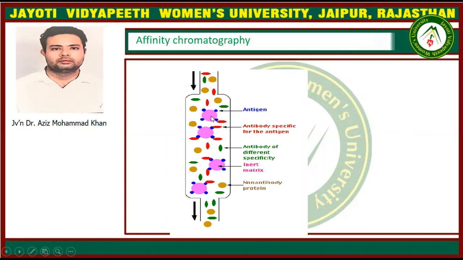For example, this is the particle and this is the antigen. For the separation, an antibody specific for this antigen will be used as a mobile phase.